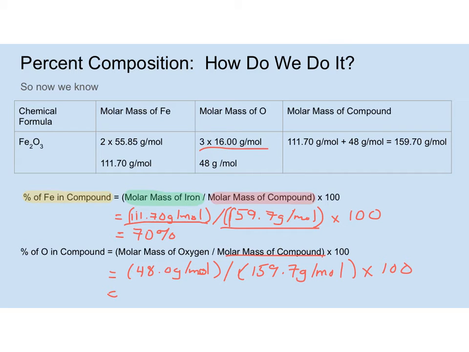So if you calculate that out, you get 30%. If you're seeing decimal 0.3 when you calculate it out, it's because you haven't multiplied by 100. Don't forget to do that.